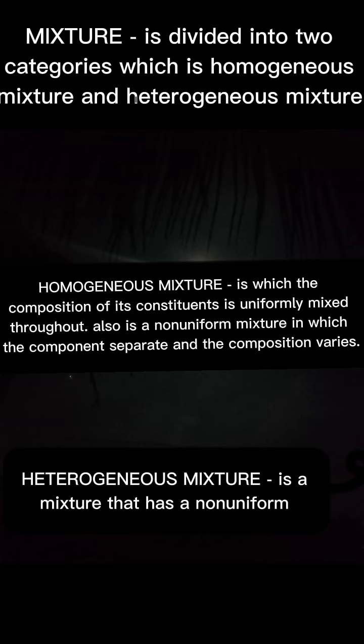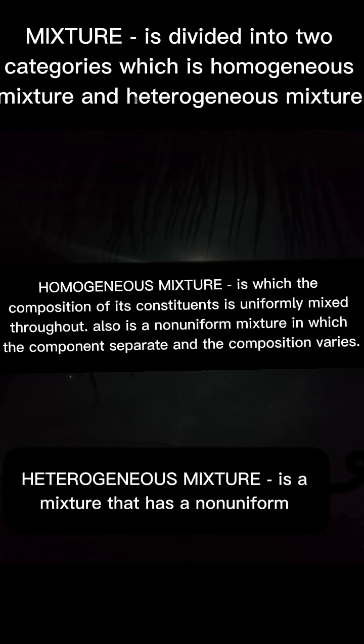A homogeneous mixture is one in which the composition of its constituents is uniformly mixed throughout. A heterogeneous mixture is a non-uniform mixture in which the components separate and the composition varies.